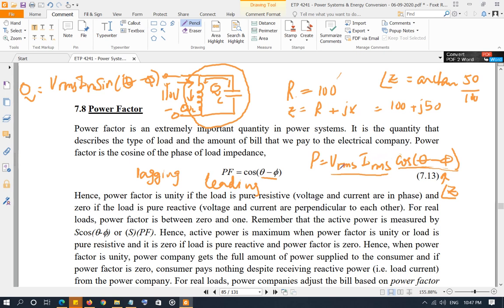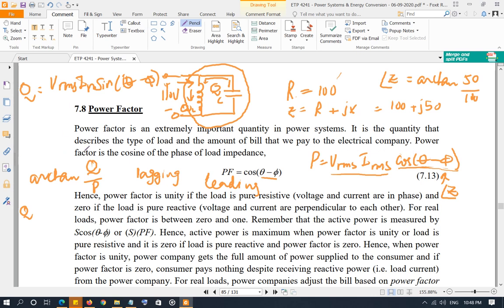All right, one more thing about theta minus phi. So we discussed theta minus phi is the phase angle difference between the voltage phase and current phase. This is also the phase of the impedance. Also, when you're calculating theta minus phi, you can calculate that using arctan of Q over P, that is the reactive power over active power. Why Q over P? Because remember, Q is Vrms Irms sine theta minus phi, and P is Vrms Irms cosine theta minus phi.